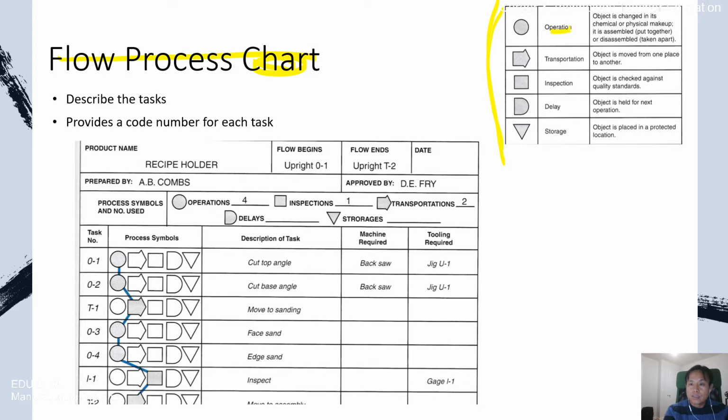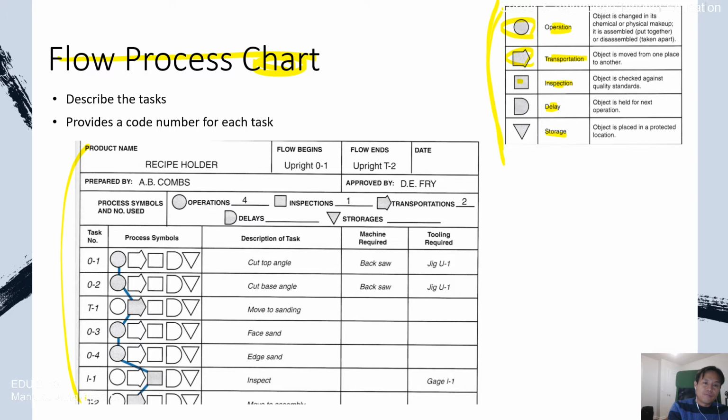Operation is a circle, and then transportation is this, inspection is a square, delay, and then storage. So there are five different symbols basically.